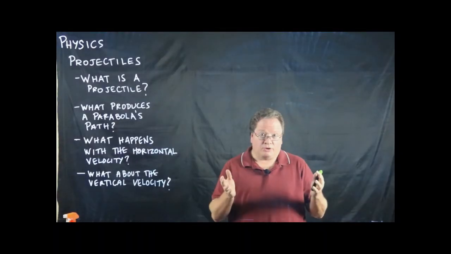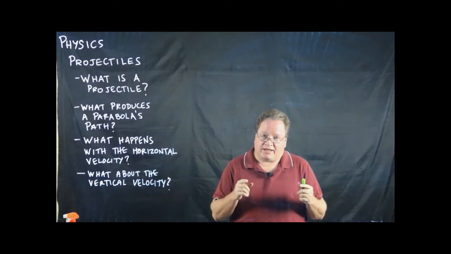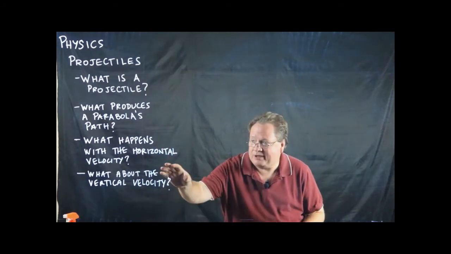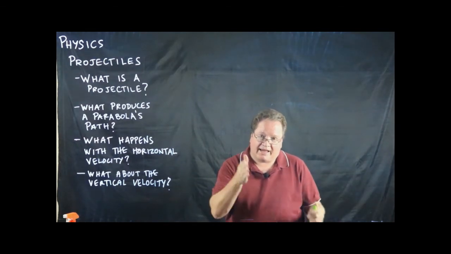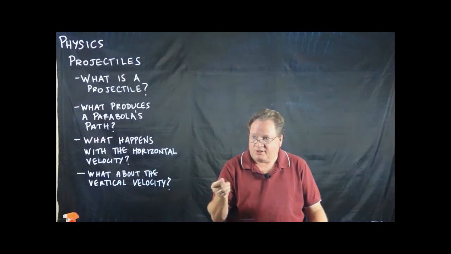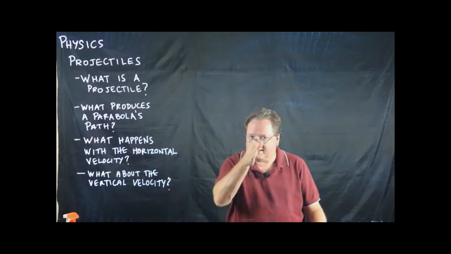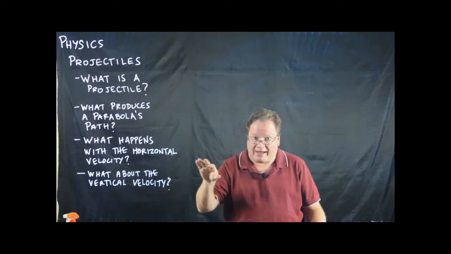So let's review the velocities that we see with projectiles. What happens with the horizontal velocity of a projectile? Well, as we saw in the experiment where we threw the ball off the bleachers, the distance that ball moved horizontally stayed the same throughout the whole time.